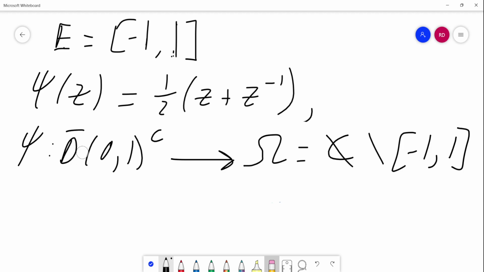So omega is the exterior of E. Omega is simply connected because there's this one interval in the middle and there's no holes in the exterior of that.